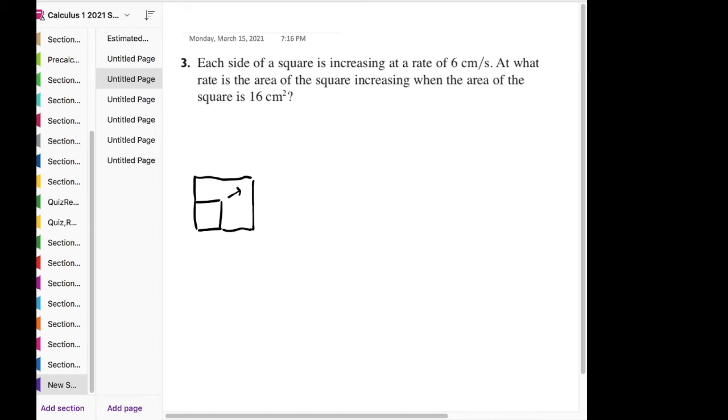So you have a square that's increasing at a rate of 6 centimeters per second, each side. Now, just a silly question: why does each side need to increase at the same rate?